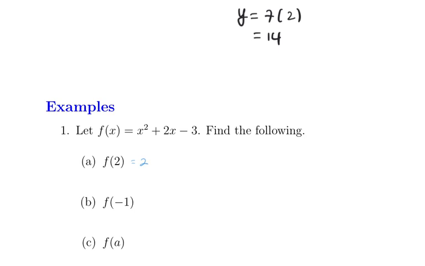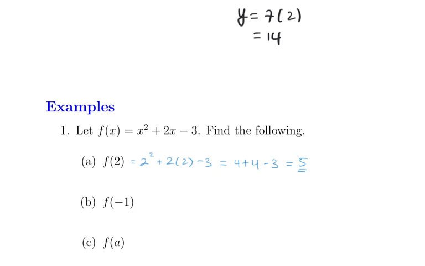So this will be 2 squared plus 2 times 2 minus 3. Now notice that 2 squared is 4. So this will give you 4 plus 4 minus 3. And this will be 8 minus 3, which is 5. Okay, so that's all it means. So when x is 2, y is 5.